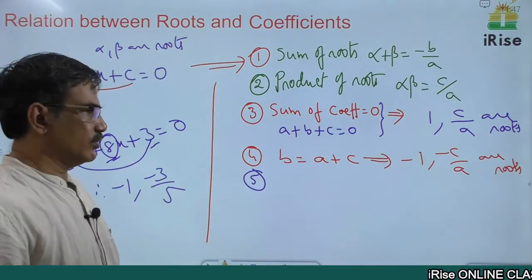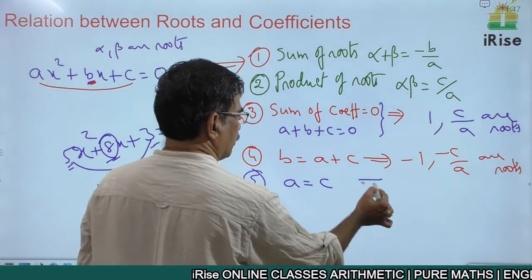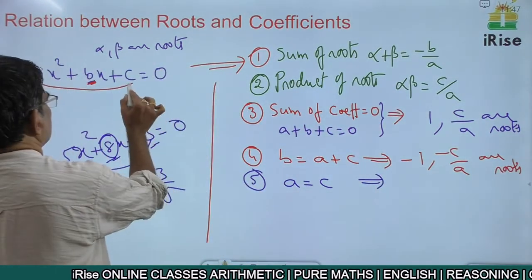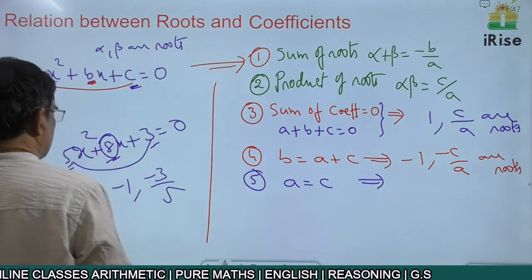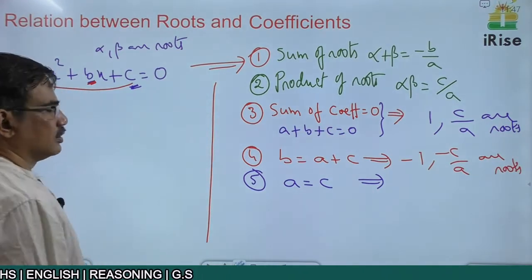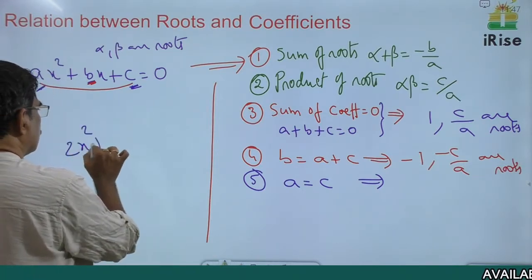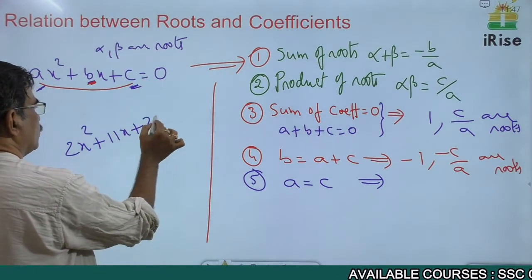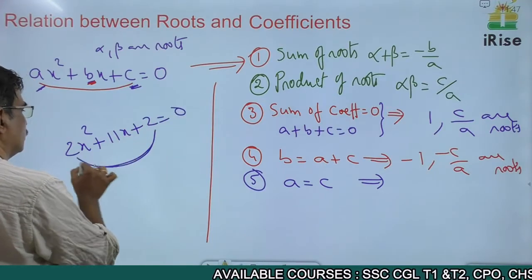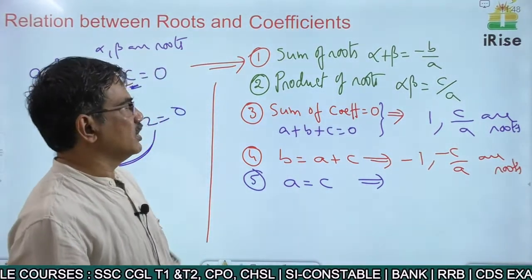Point number 5. If the a is equal to c condition is given, a is equal to c. If this value is equal to this value in the given equation. For example, 2x square plus 11x plus 2 is equal to 0. These two are equal. What happens if a is equal to c?